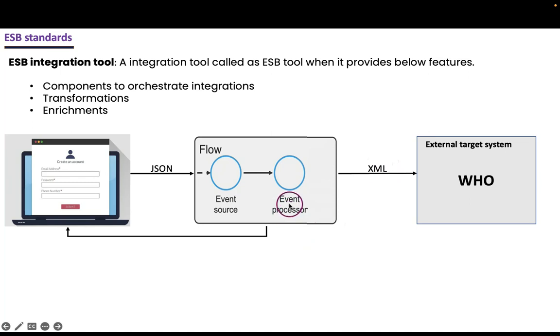So we need to do this JSON to XML transformation while calling this WHO service. Assume WHO has provided us a REST service or SOAP service or any JMS based queue or topic. So we should frame the XML payload, then send it to the target system.